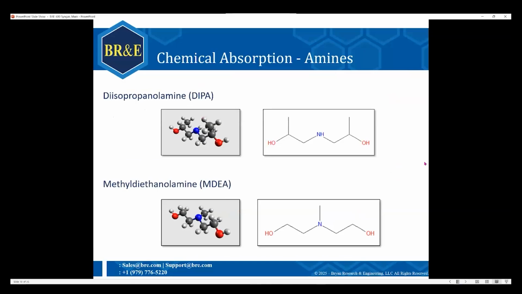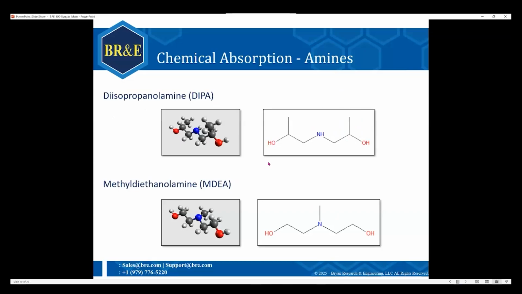We have also DIPA. DIPA is a secondary amine, as you can see, but here are the two methyl groups with the alcohol groups. So this is a steric barrier for the other molecules to enter the nitrogen group. So even though DIPA is a secondary amine, it behaves like a tertiary. And then the last one is MDEA.